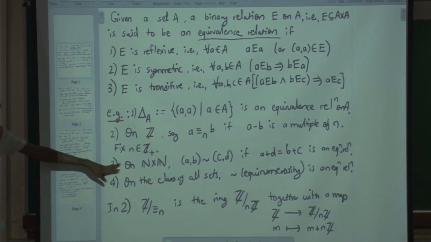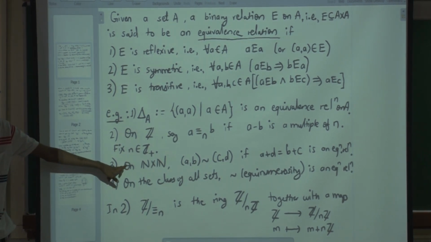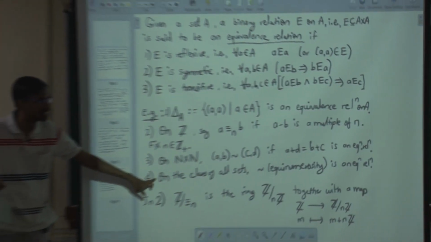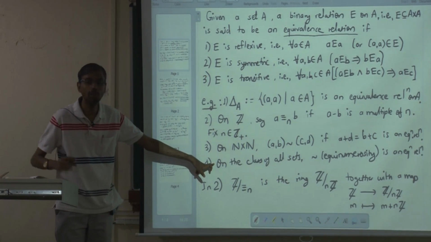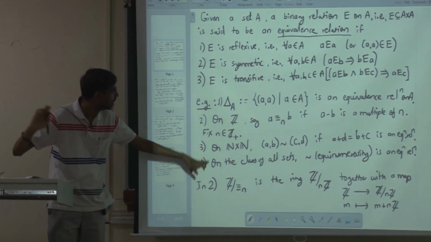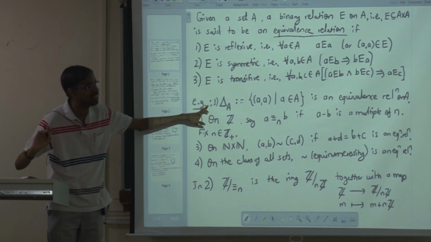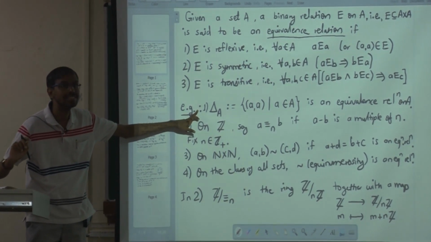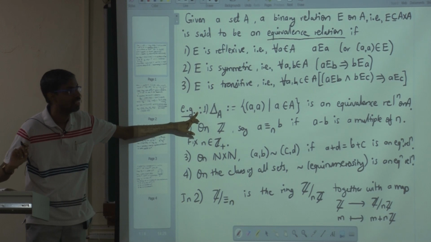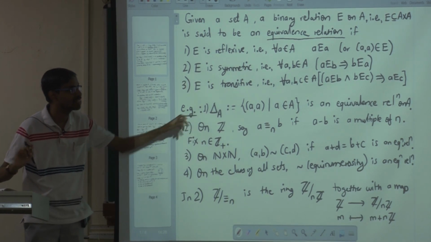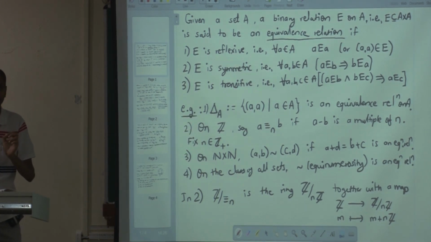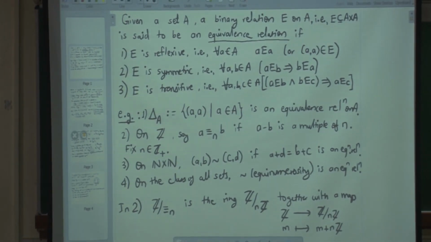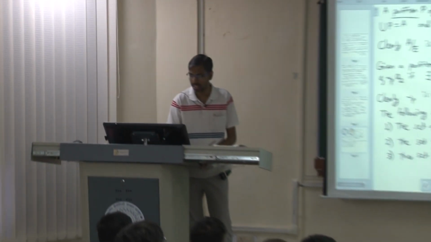The equivalence classes here we already know are called integers. The equivalence classes here are equinumerosity classes, and the equivalence classes here are singletons. The equivalence classes for this are precisely singletons. So you look at this definition of a partition.